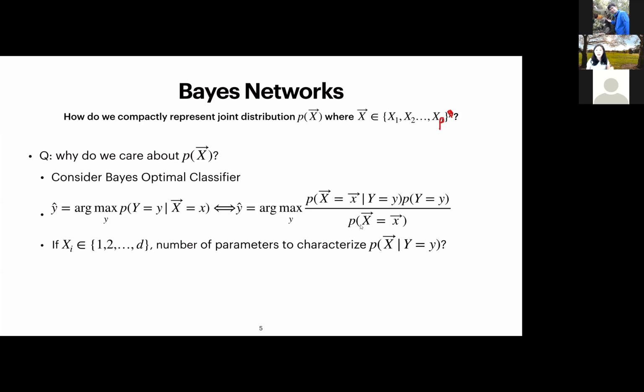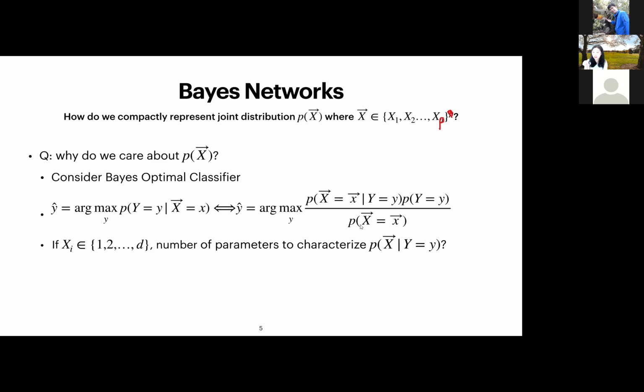First of all, Jonathan has already got an answer, but let's break this down a little bit. First of all, I wanted to ask you a question. What is the dimensionality of x here? You have P such random variables.